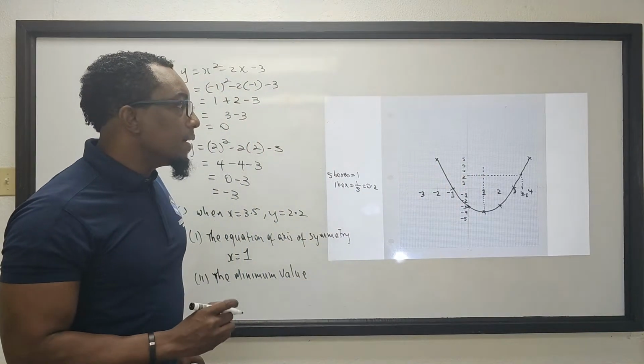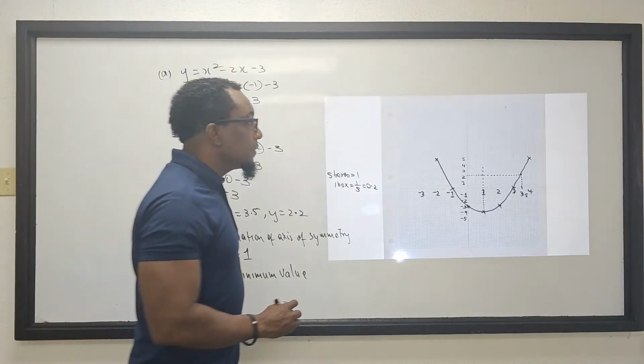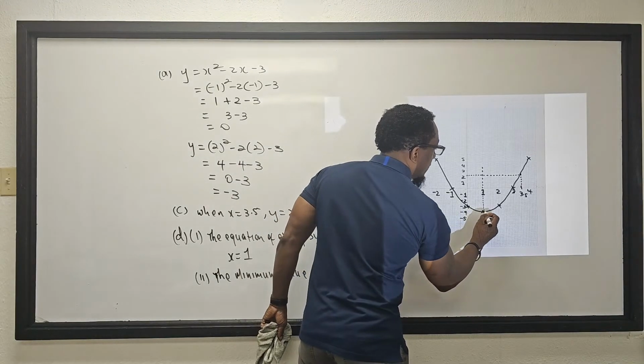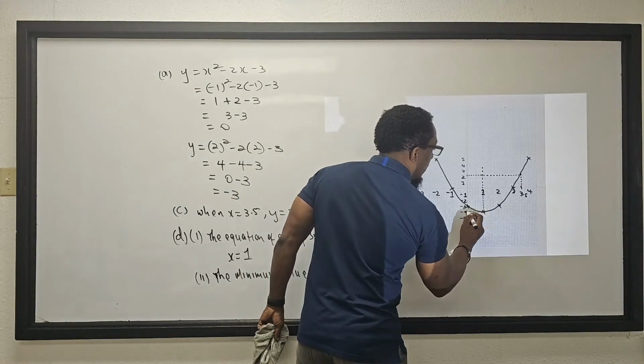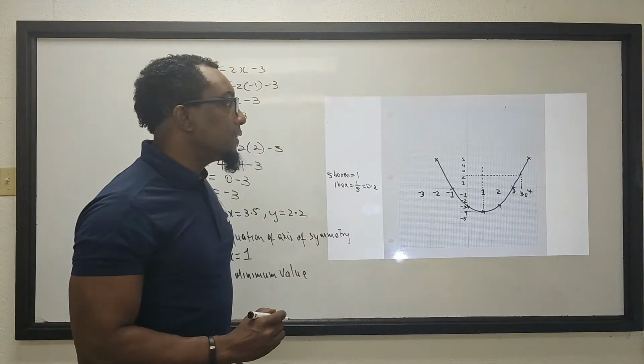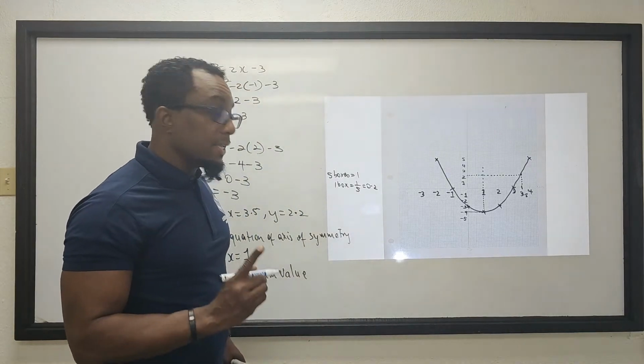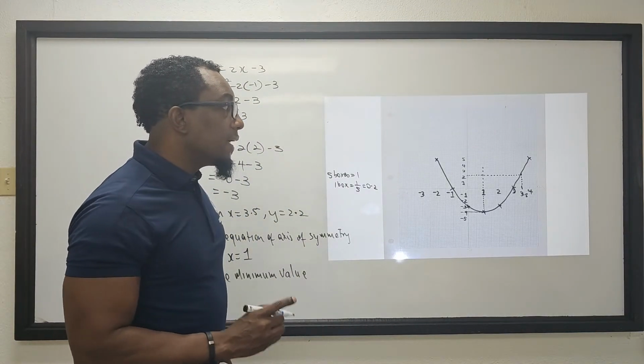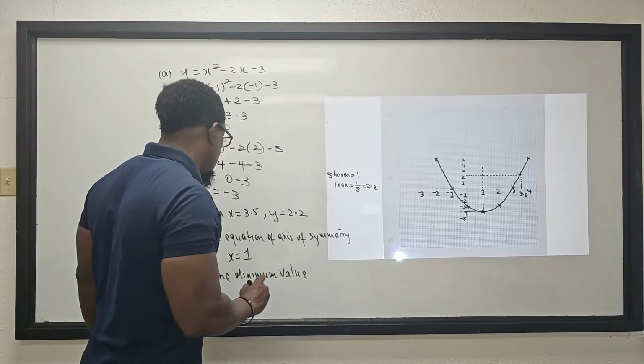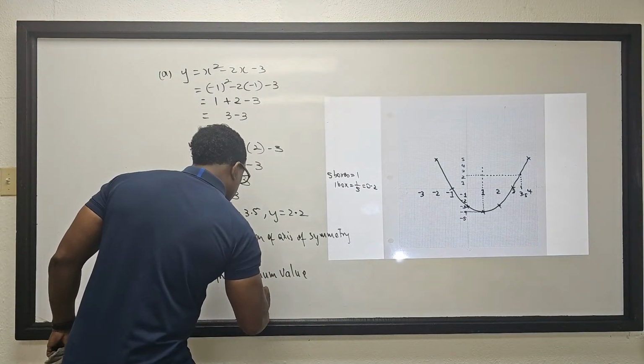If I draw a dotted line across, you see it meets the y-axis at -4. So the minimum value is the y coordinate of the turning point. So you can say y is equal to -4.